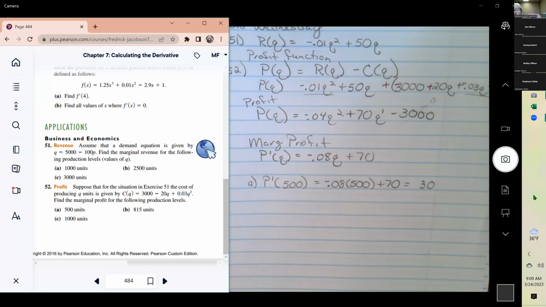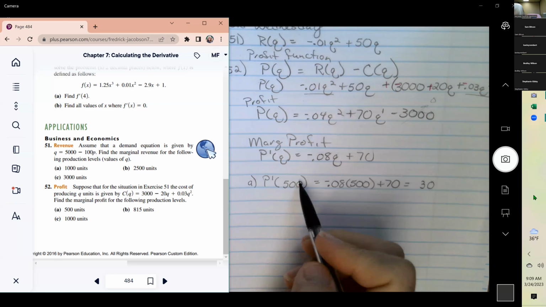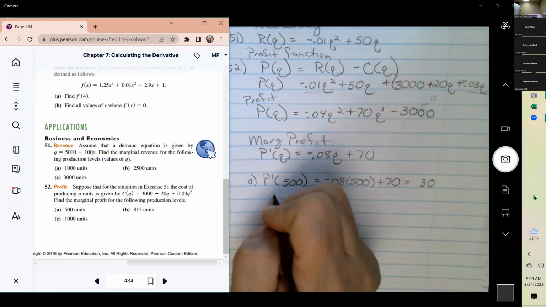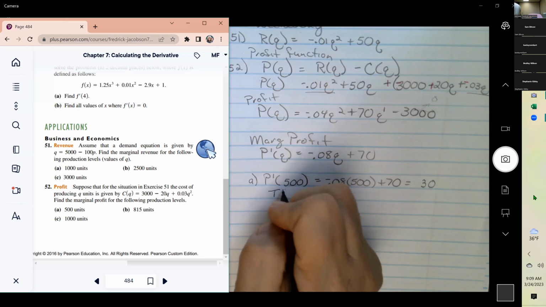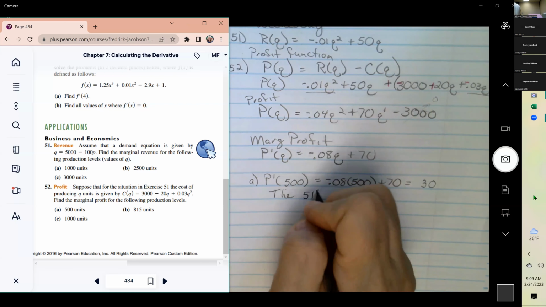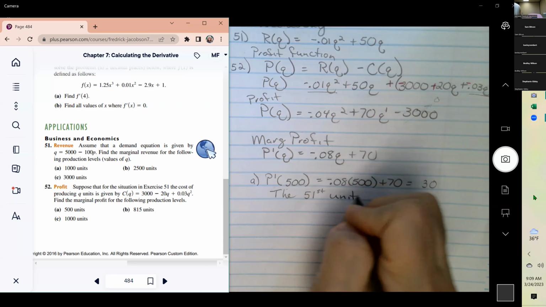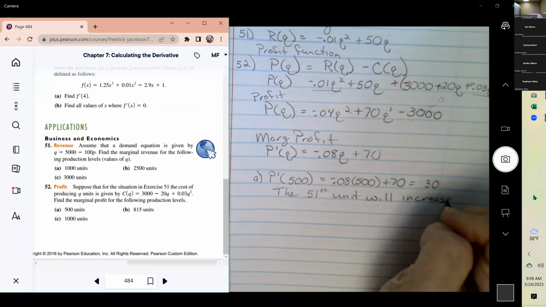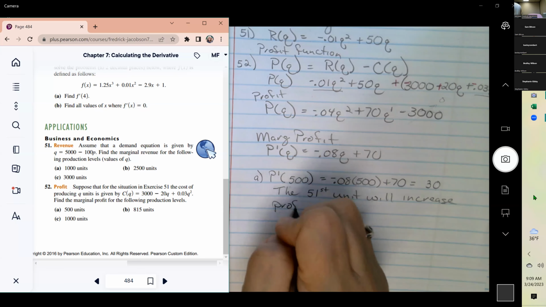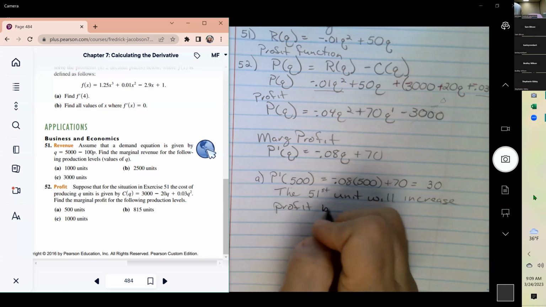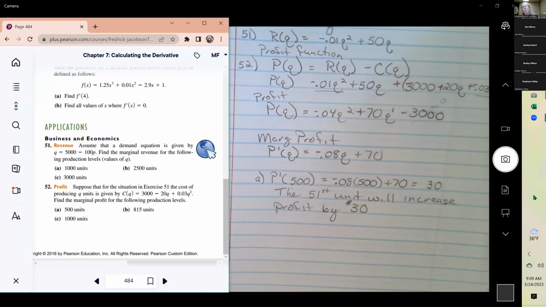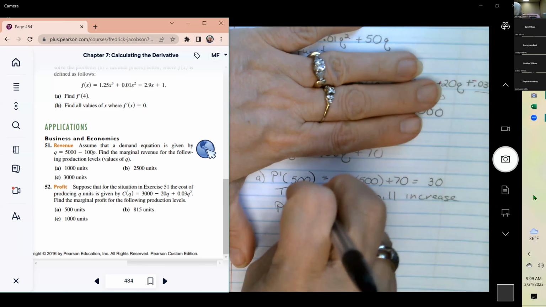So marginal profit is telling you if you go with this amount, well, I guess it's actually telling you how it's changing. The 501st unit, oops, 501st, but I put 51.